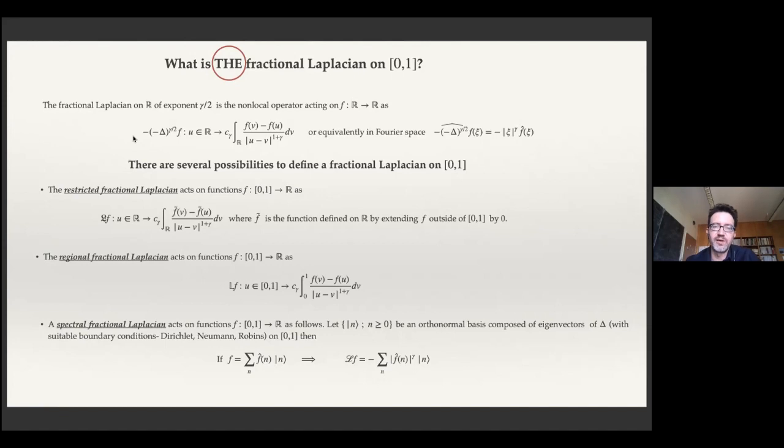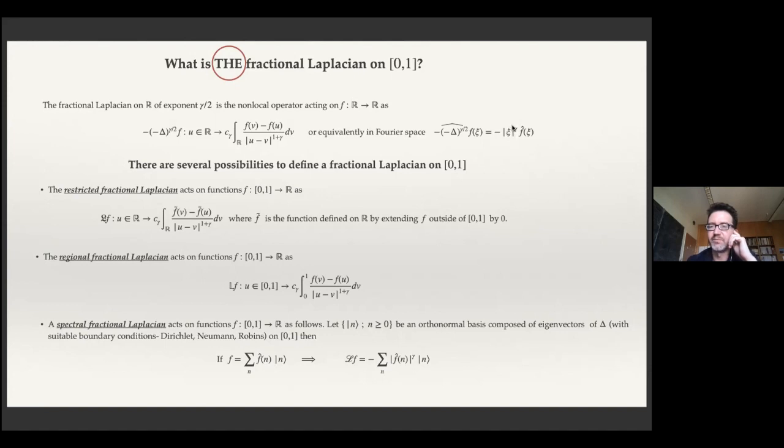It is a non-local operator, in the sense that if you want to compute, for a given function f, the value of the fractional Laplacian acting on f at u, you need to know the function f everywhere, because it is an integral over R of f of v. So it is a non-local object. Equivalently, in Fourier space, it is given by this symbol, where for the usual Laplacian you have psi squared.